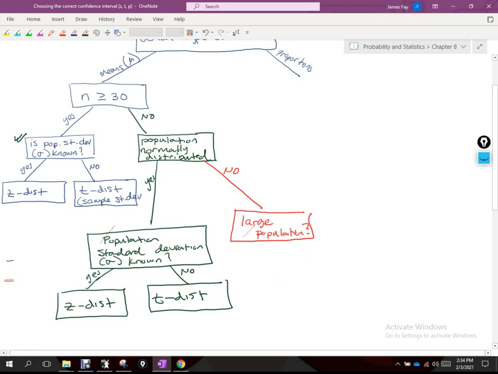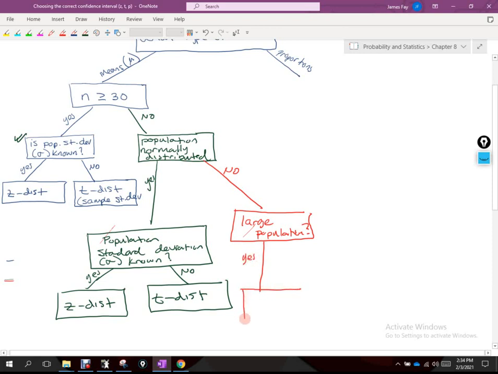Okay, and that's a pretty ambiguous question. So we'll have some criteria that allows us to determine, based on the values that we have, whether the population was large or not. Okay, we'll be able to definitively tell that.